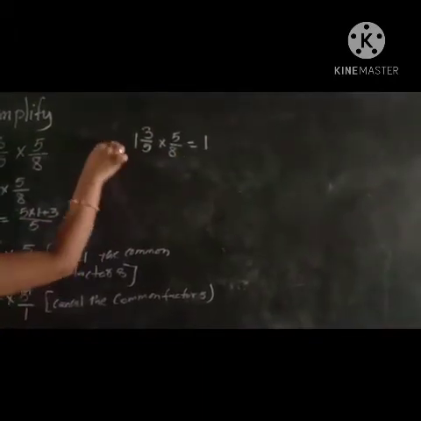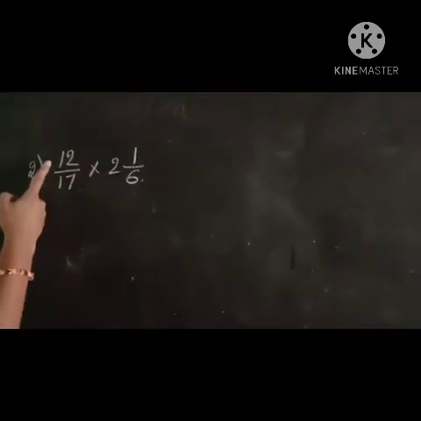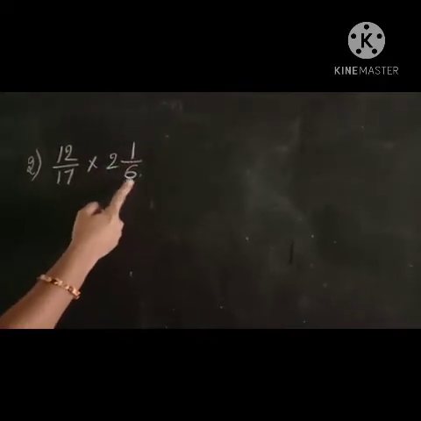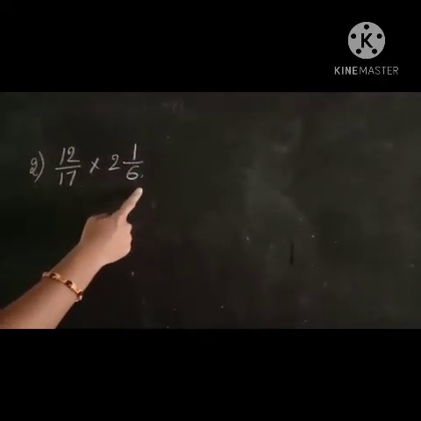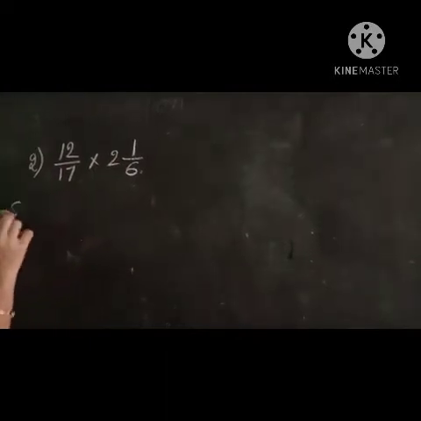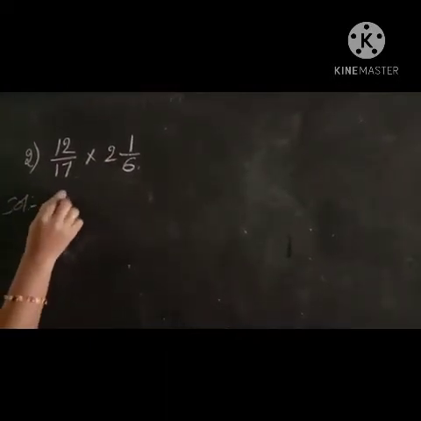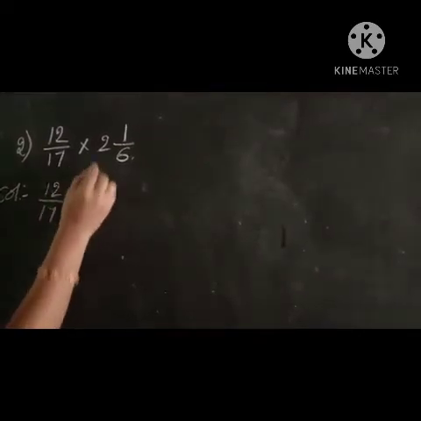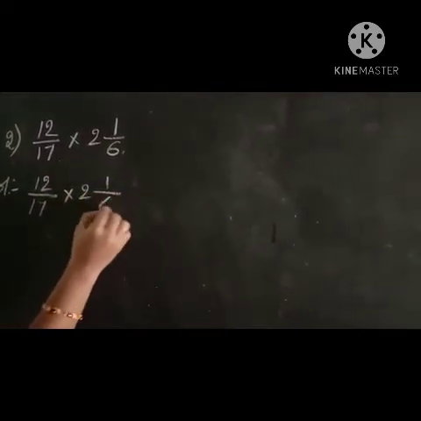Number 1. Second one, 12 by 7 into 2 1 by 6. This number is a mixed fraction. Now we have to convert this number into an improper fraction. See the solution. 12 by 7 into 2 1 by 6.